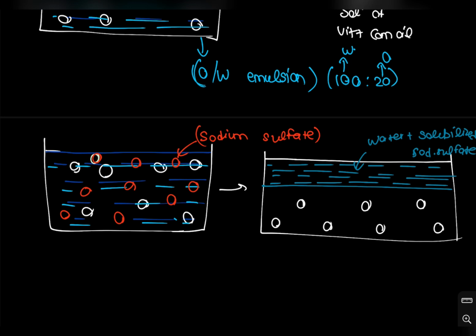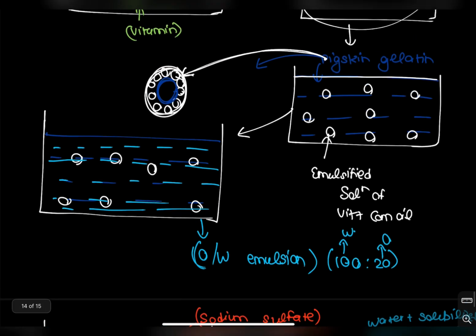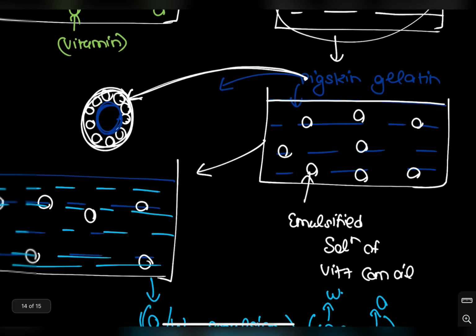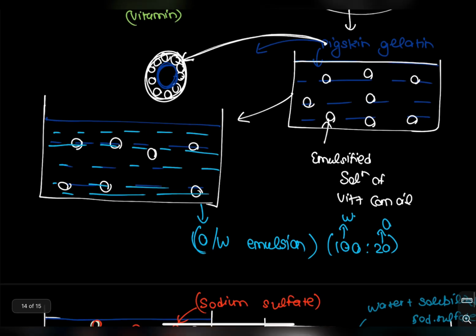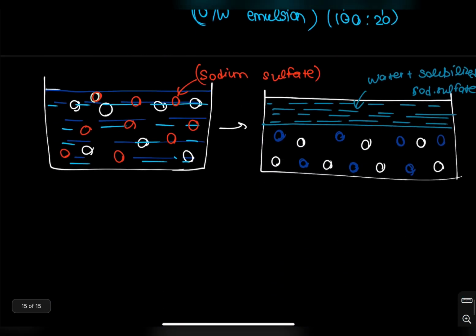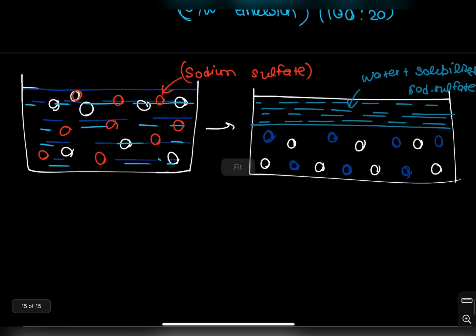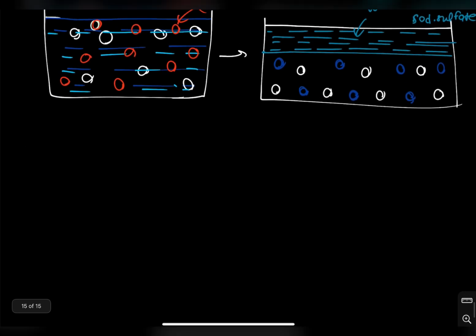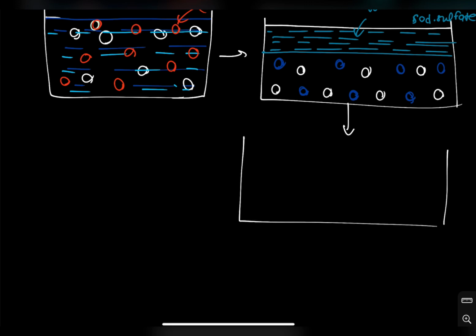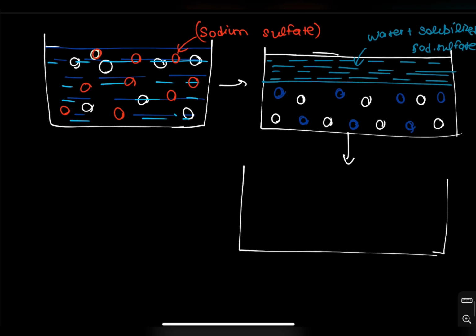But this time around, the pigskin gelatin is also going to be in particle form. So the liquid form that we had for pigskin gelatin, in which the corn oil and vitamin were emulsified, this time we have individual particles for it. Now, if we just go ahead and stir it, we can remove this layer of water by various methods.